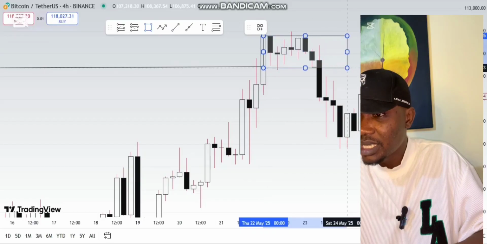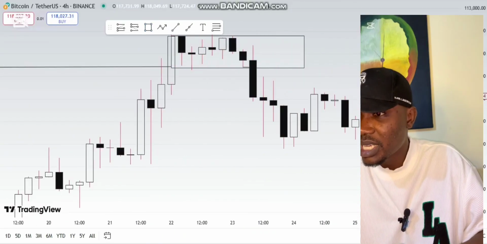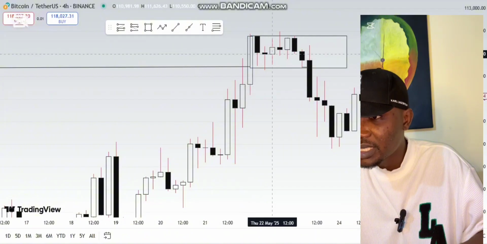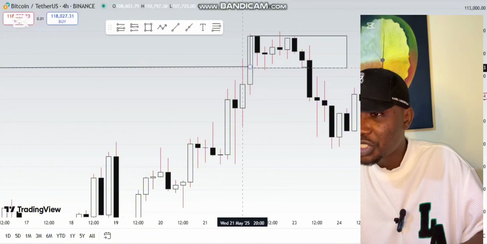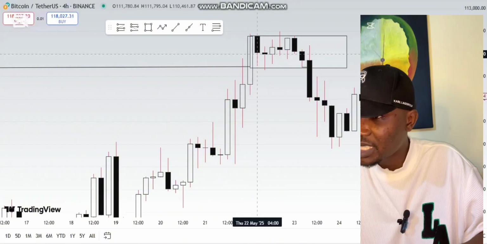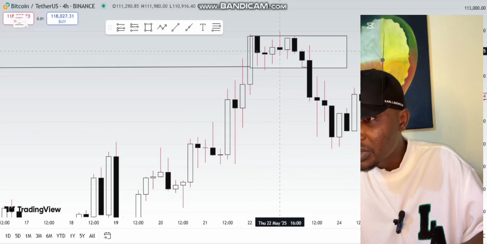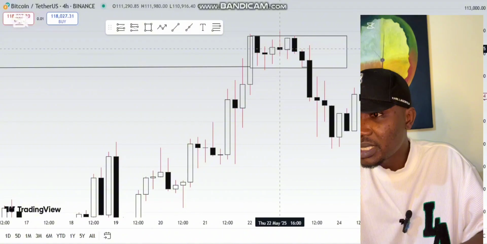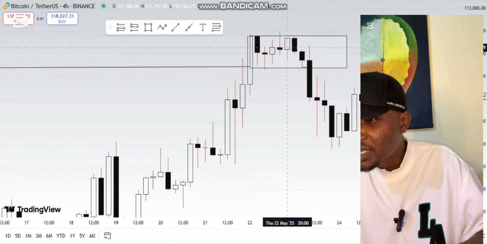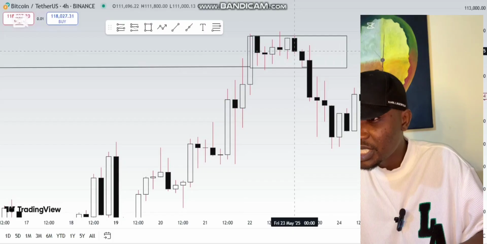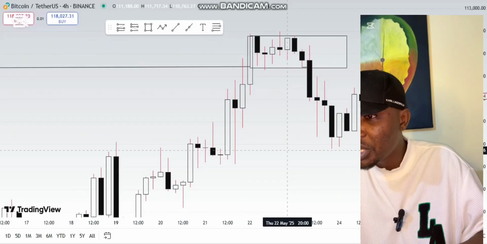Aside from the textbook example I did, you look at this point now, you can see there is a struggle between the buyers and the sellers at this point. You can see a doji at this point, followed by a bearish engulfing candle.